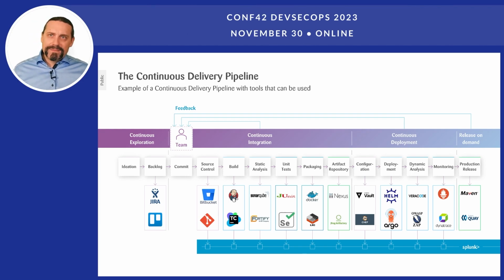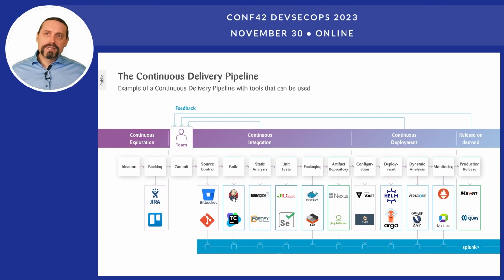I usually say it's far more. It's your continuous delivery pipeline, because in the beginning you have the continuous exploration with ideation and backlog management and requirements engineering, and at the end you have the release on demand where you are going to switch on the feature toggle. So this is the continuous delivery pipeline.